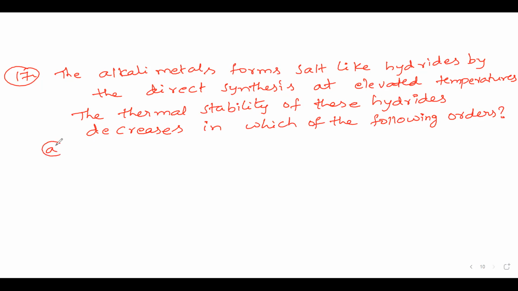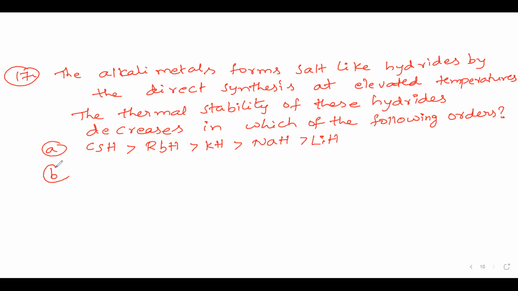Option A: cesium hydride greater than rubidium hydride greater than potassium hydride greater than sodium hydride greater than lithium hydride.